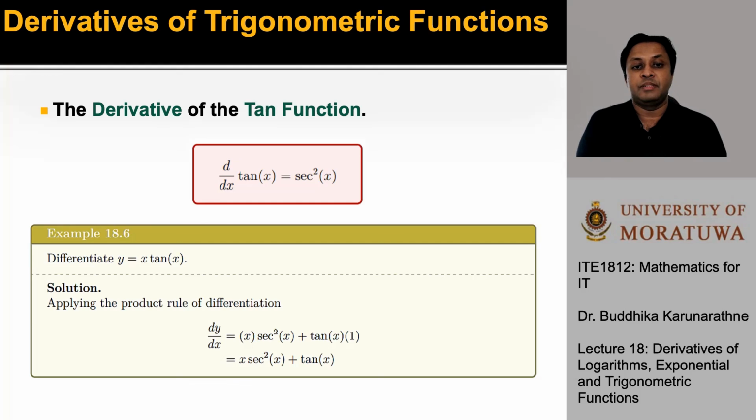Why do we have sec squared x here? Because that is the derivative of tan x. And then plus tan x times the derivative of x with respect to x, which is 1. So eventually you have x sec squared x plus tan x. That's a simple example of using the derivative of the tangent and applying the product rule of differentiation.